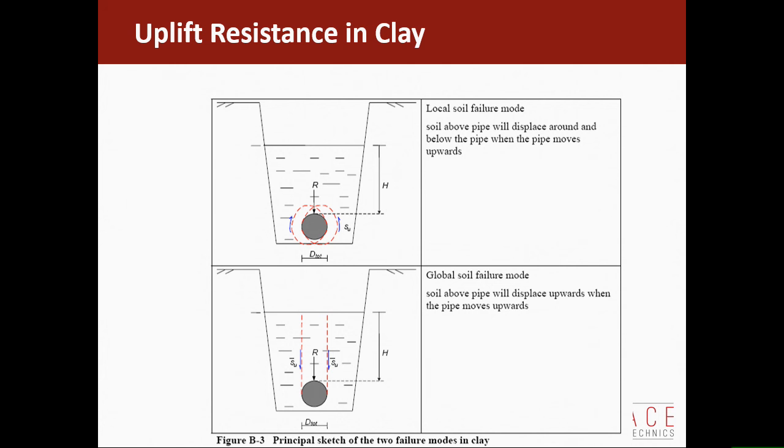But in soft clays you can get a flow failure, because if you think of a soft clay as a sort of viscous material, it can actually flow around the pipeline. And you get what is described as a local failure mode, where the soil will be displaced around the pipeline as it moves upwards and just rotates, if you like.